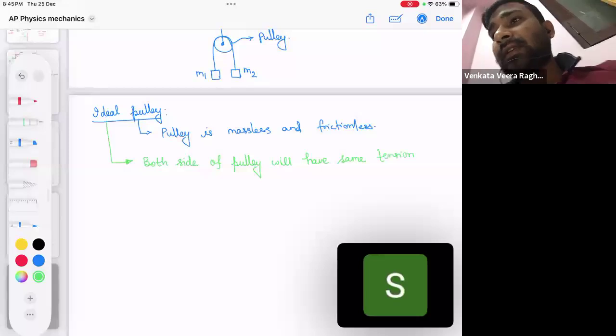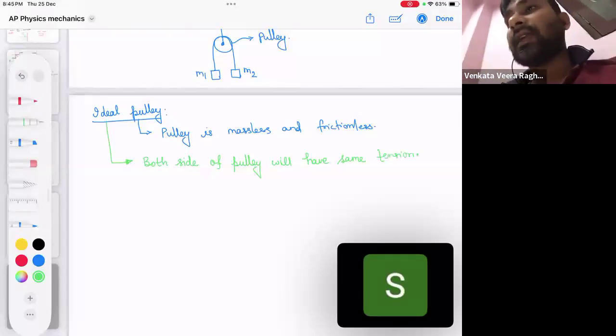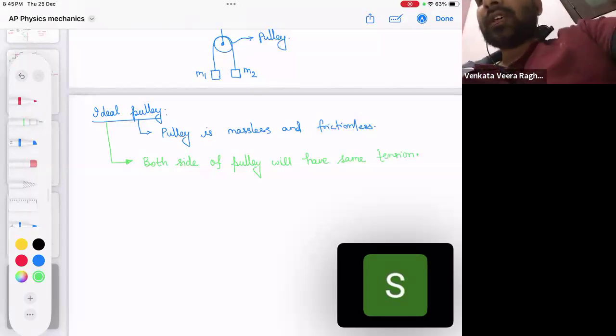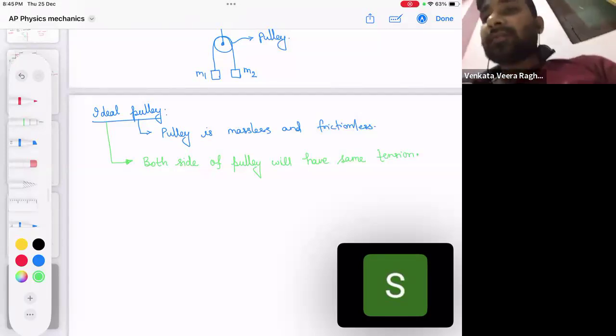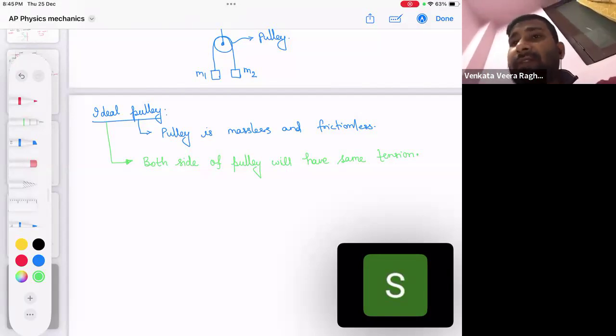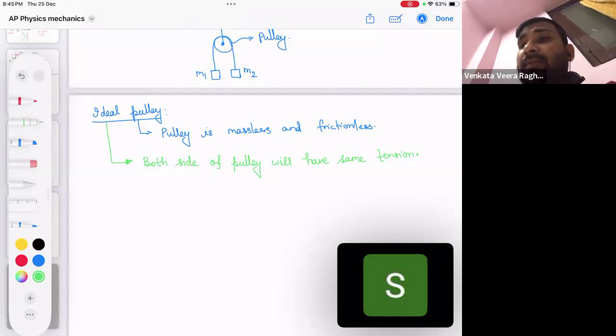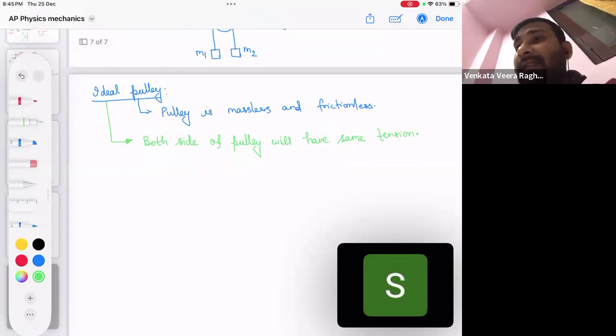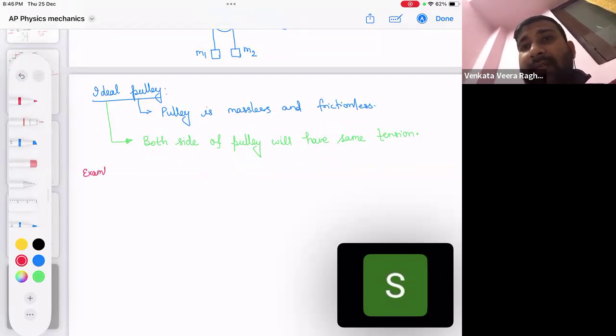If a pulley is massless and frictionless, meaning an ideal pulley is given in the question, we will consider both sides of the pulley to have the same tension. If it has mass or friction, then we can't consider that. But if the pulley is massless and frictionless, both sides have the same tension. Understood? Let's take some examples and try to understand the direction of tension now.